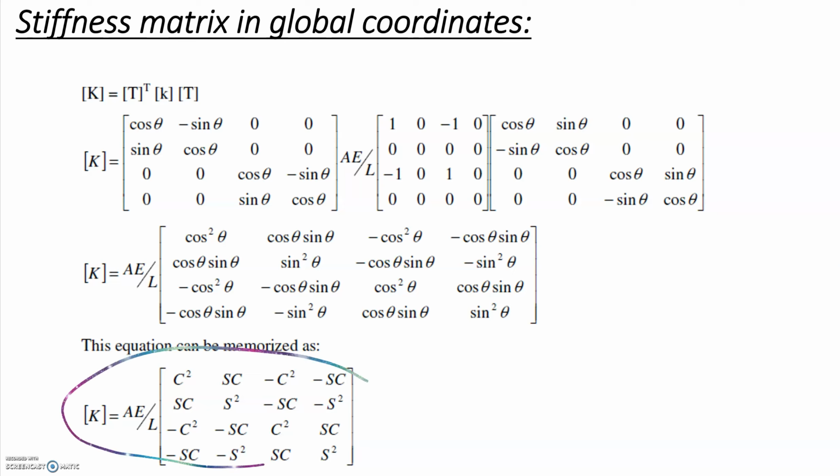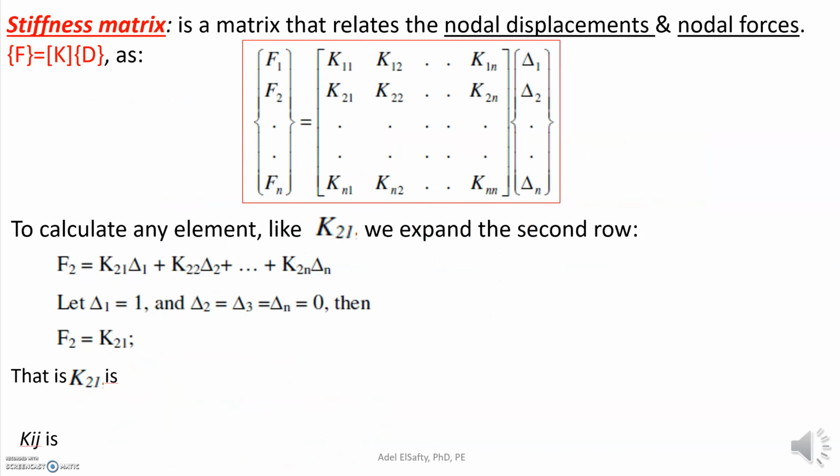So let's say this is your stiffness matrix in the global coordinate system. And basically the final equation looks like the forces in global equals the stiffness matrix of the whole structure multiplied by delta. And that's it. That's all you need to do for this.